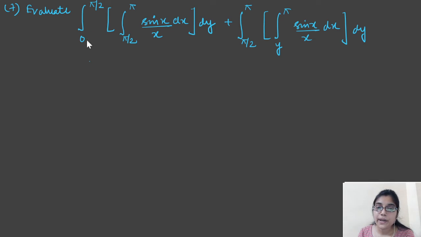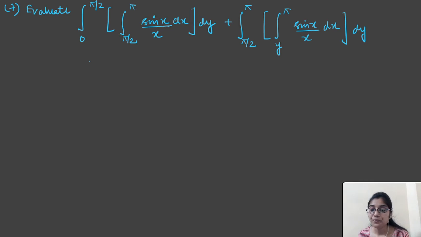They said evaluate the integral from 0 to pi by 2, and pi by 2 to pi, sin x by x dx dy, and again the same function. I looked at the question and found that I cannot integrate sin x by x. So what should I do now? You have to observe the question very keenly.